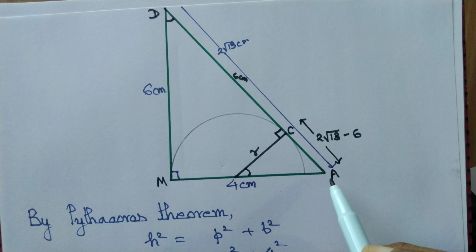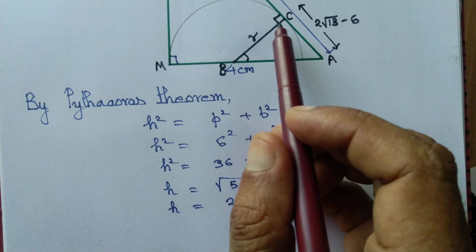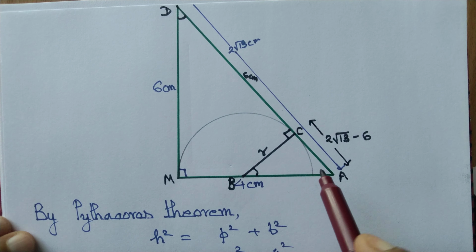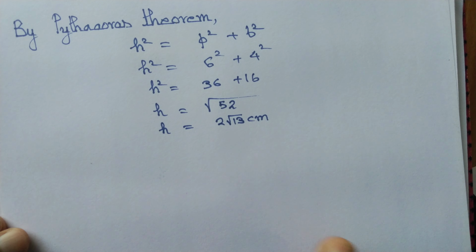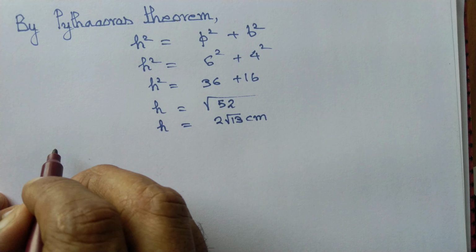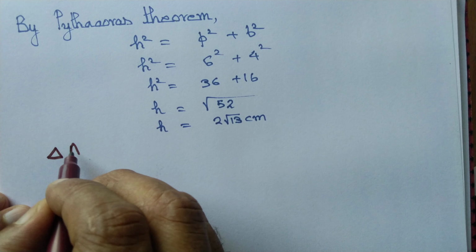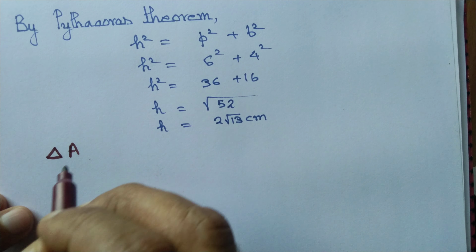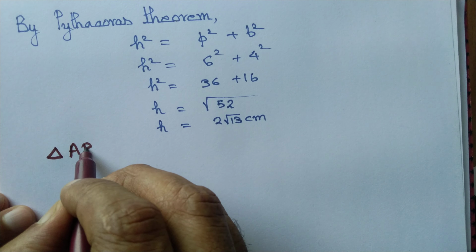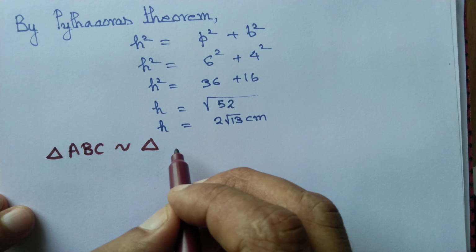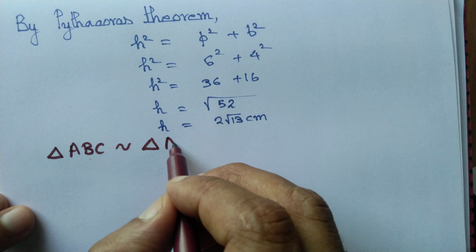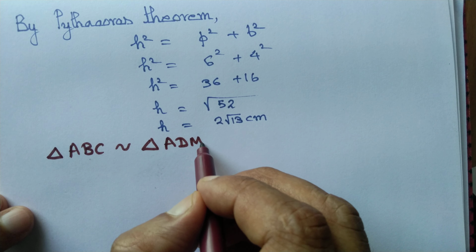Let us consider triangle ABC and triangle ADM. Triangle ABC is similar to triangle ADM.